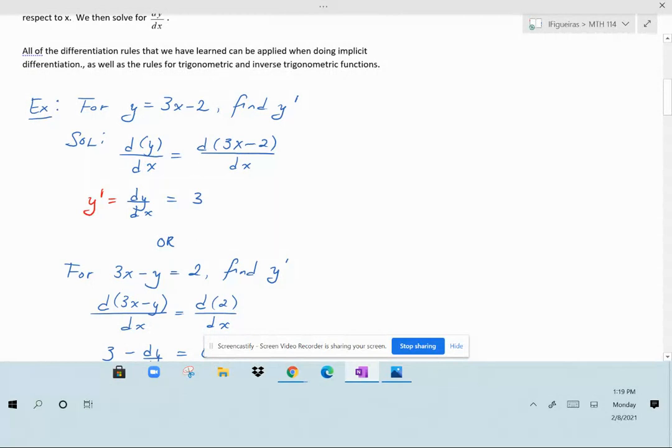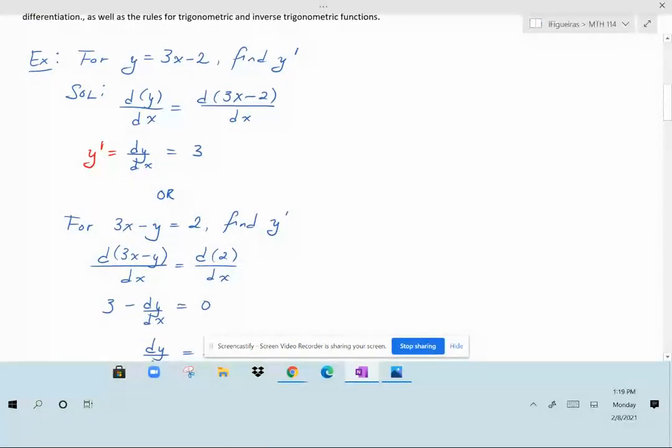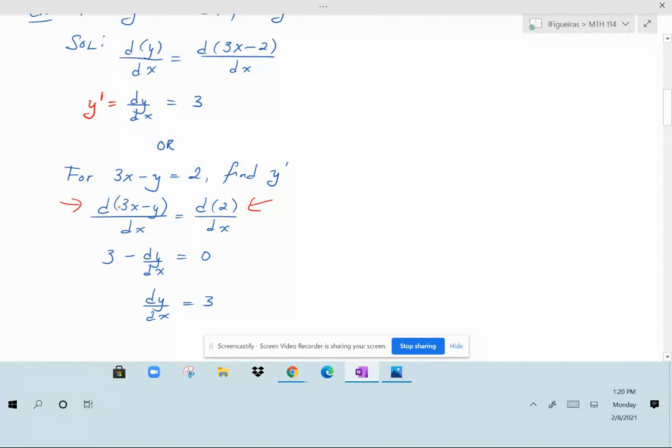If I did the same problem and took the derivative on both sides of the equation implicitly, so this is now an implicitly defined function, I want to find y prime or dy dx. On the left side, I'm taking the derivative of 3x minus y with respect to x, and on the right side, I'm also taking the derivative with respect to x. We know that the derivative of 3x is 3, but that the derivative of y is dy dx, or y prime.